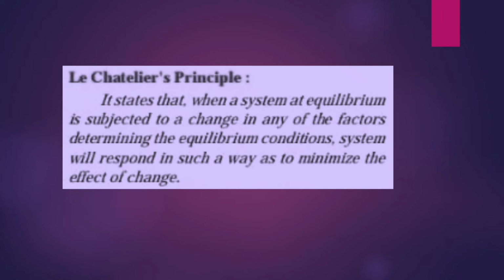It states that when a system at equilibrium is subjected to a change in any of the factors determining the equilibrium condition, the system will respond in such a way as to minimize the effect of the change. We will see Le Chatelier's principle with various examples and various factors.